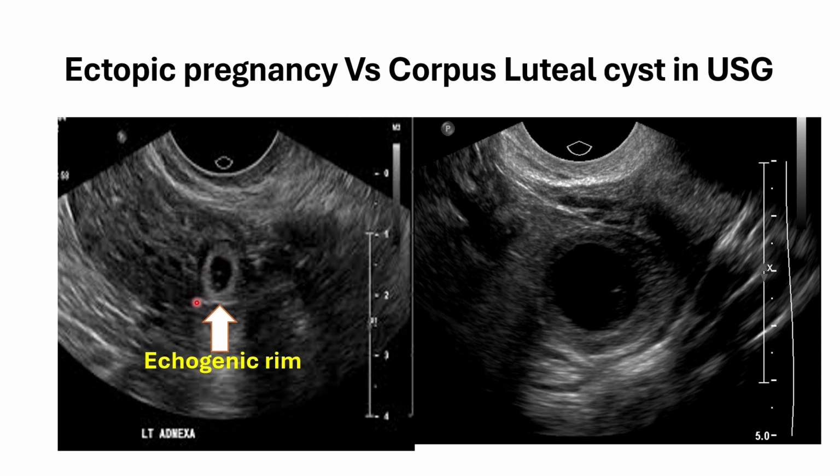This is called the decidual reaction, whereas the rim is isoechoic in corpus luteal cyst. So this is a very important differentiating point, the echogenic rim of ectopic pregnancy and the isoechoic rim of corpus luteal cyst. And the yolk sac is also visualized in ectopic pregnancy, but if it is not visualized, then this echogenic rim is the differentiating point.